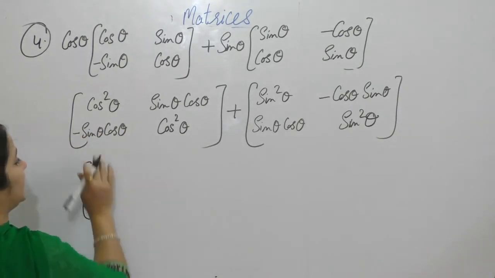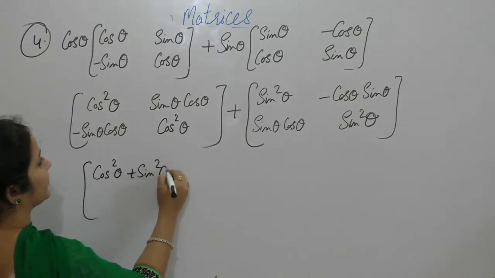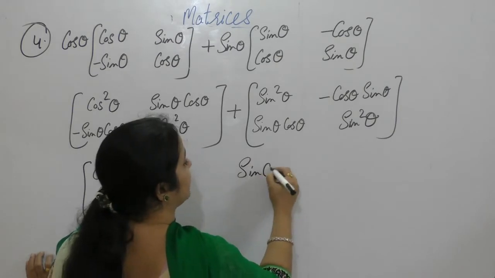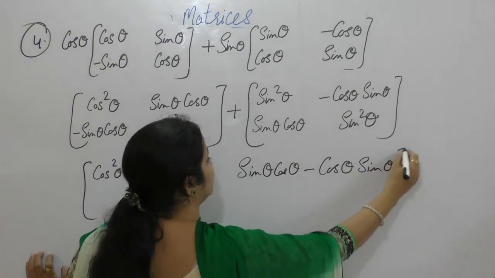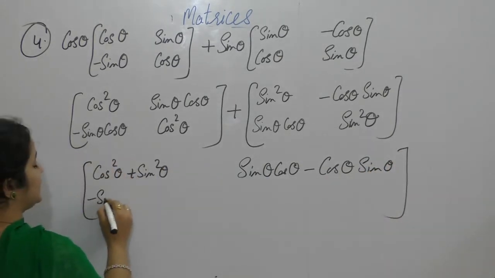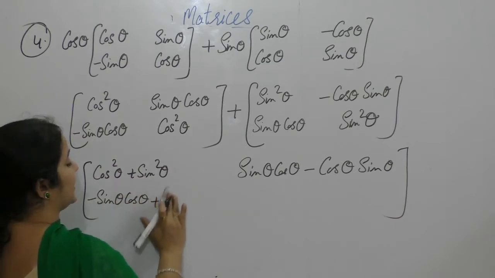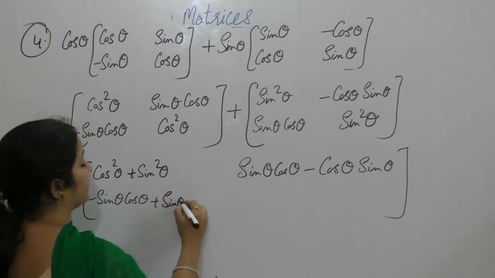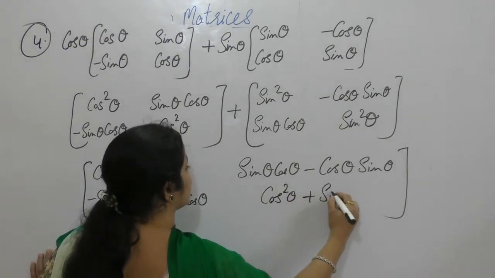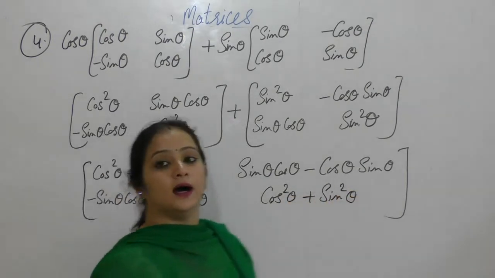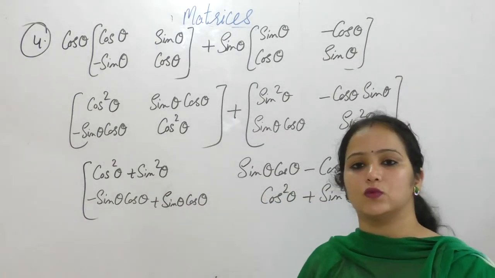So add the corresponding elements. Cos square theta plus sin square theta, sin theta cos theta minus cos theta sin theta, minus sin theta cos theta plus sin theta cos theta, cos square theta plus sin square theta. We have studied an identity: sin square theta plus cos square theta is equal to 1.